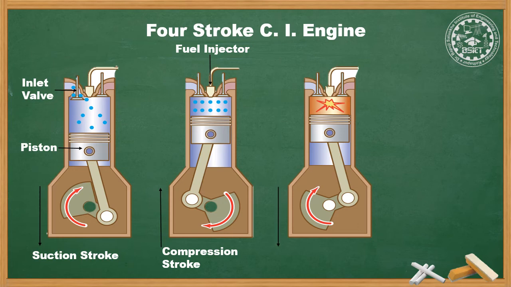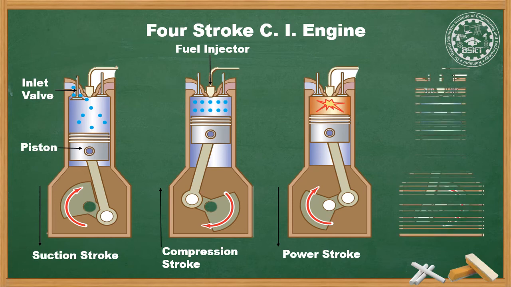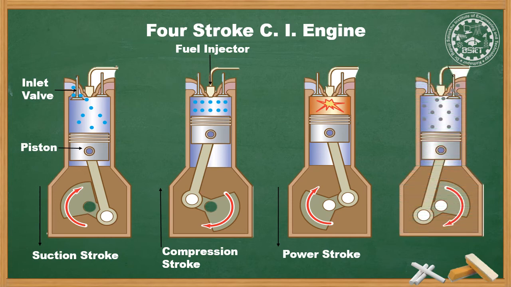Next is the expansion stroke. Due to combustion, a large amount of heat energy is released, which increases the pressure tremendously inside the cylinder, causing the piston to move from TDC to BDC, performing the expansion stroke. Thus, the power is obtained during expansion of the burned gases.